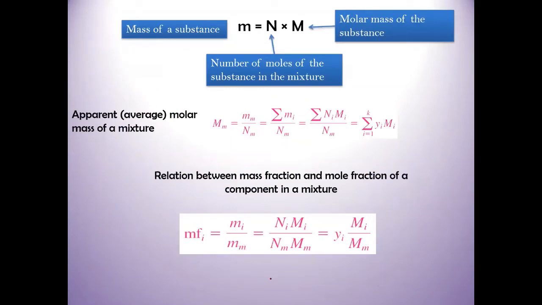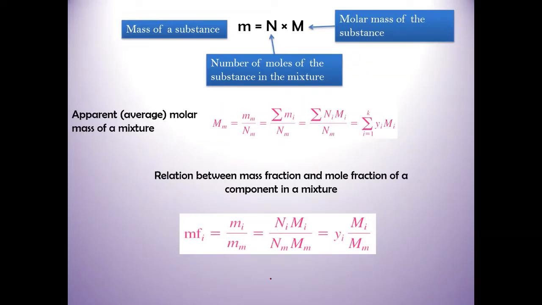The relation between mass and number of moles, m is equal to N, number of moles, times molar mass. Molar mass of each gas or substance you can find on table A1, the back of the book.